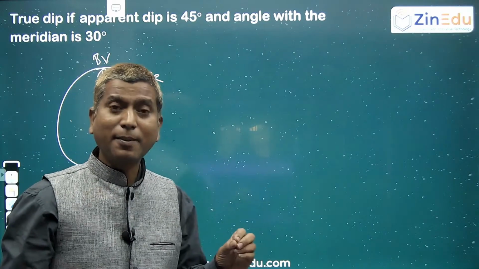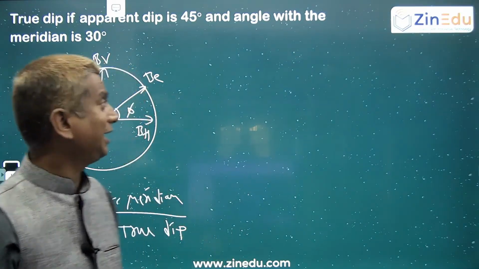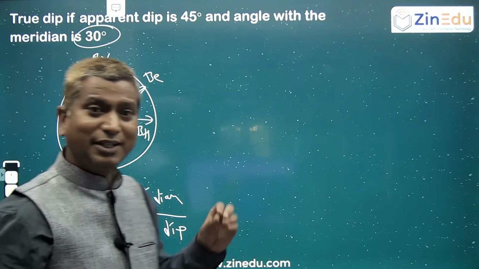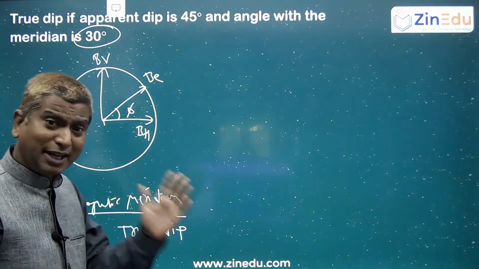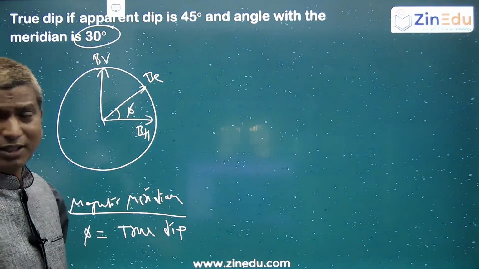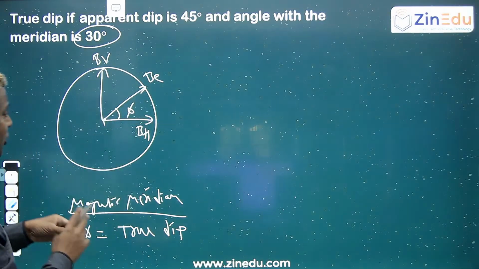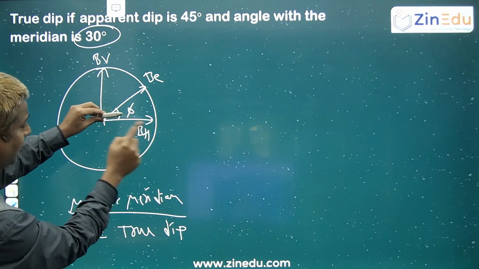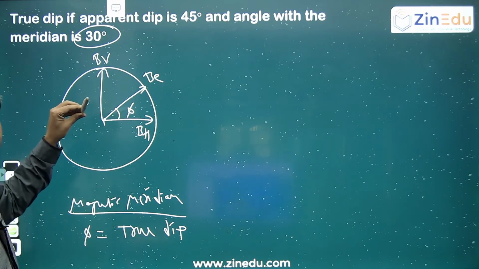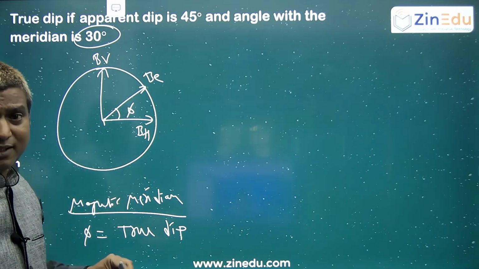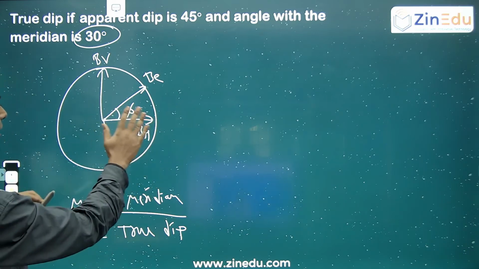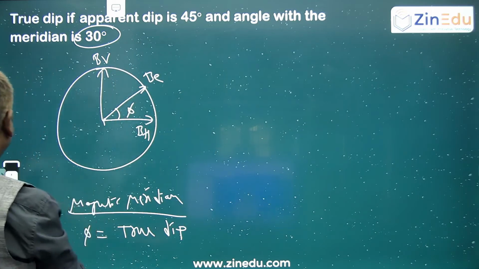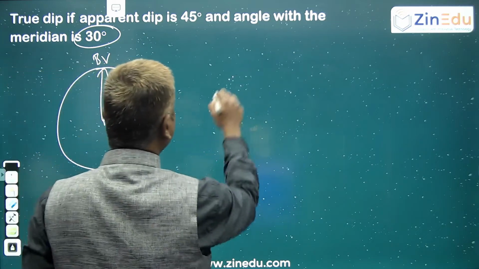But since you are measuring in some other plane, which is making an angle of 30 degrees with the magnetic meridian, then even in that plane the vertical component will not change, but the horizontal component will be another one, which is BH into cos theta, where theta is the angle between the magnetic meridian and the other plane.